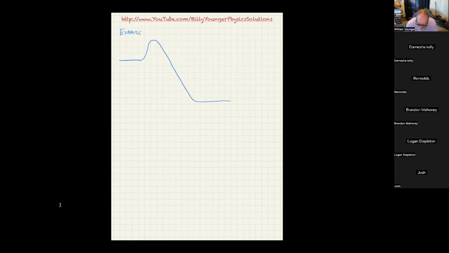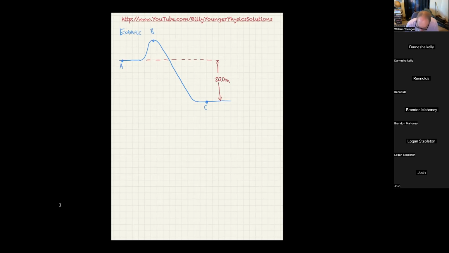I'm going to call this point right here A. I'm going to call this point right here B. I'm going to call this point right here C. And I'm going to go further and say that the height from here to here is, let's say, 20.0 meters.